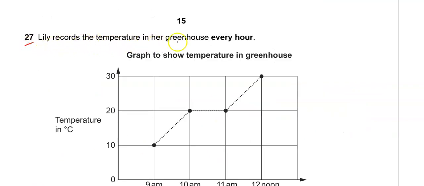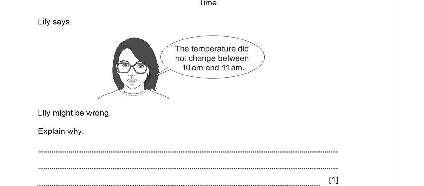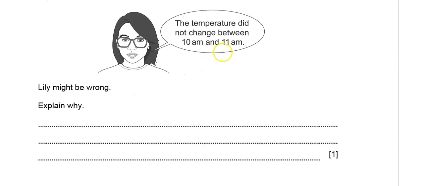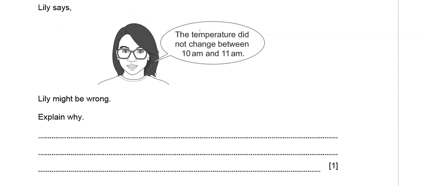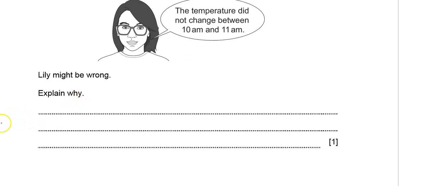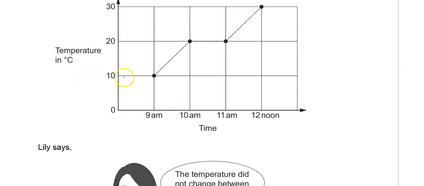27. Lily records the temperature in a greenhouse every hour. The graph shows the temperature in the greenhouse, starting from 9 to noon. Lily says the temperature did not change between 10 AM and 11 AM. Lily might be wrong. Explain why. Between 10 and 11, the temperature remains 20. So Lily thinks the temperature did not change, but the change in temperature might have been small, since she is recording temperatures in tens, from 20 to 30 or from 10 to 20.